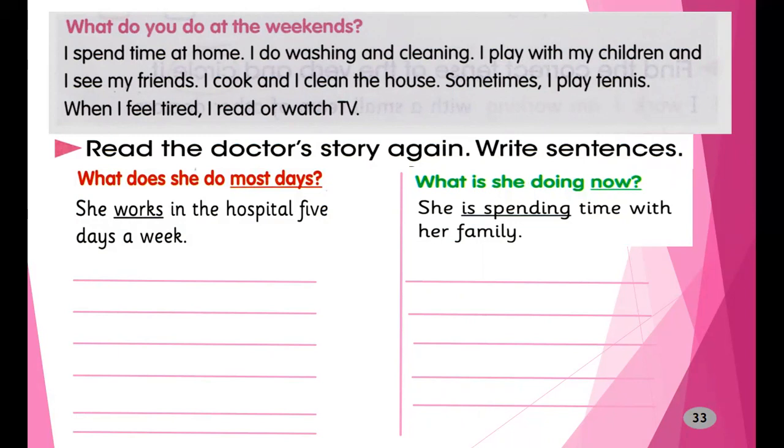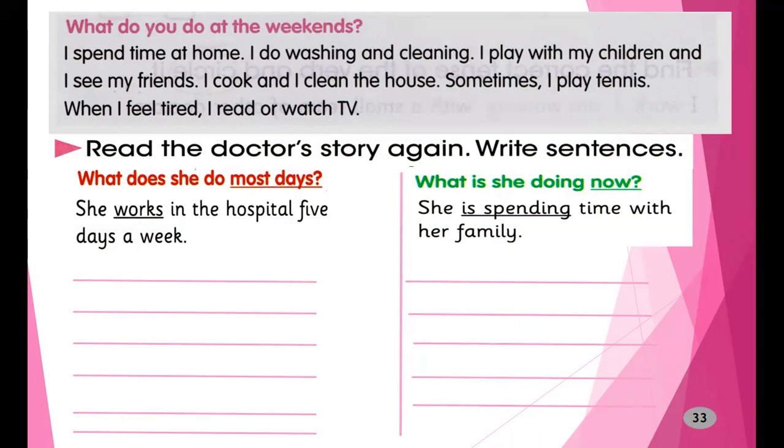The sentence I do washing and cleaning is written in the present simple, and we added ing to the verb to change it to a gerund, to turn the verb into a noun. Wash is to wash, washing is the laundry; clean is to clean, cleaning is the cleaning. But the tense is present simple.